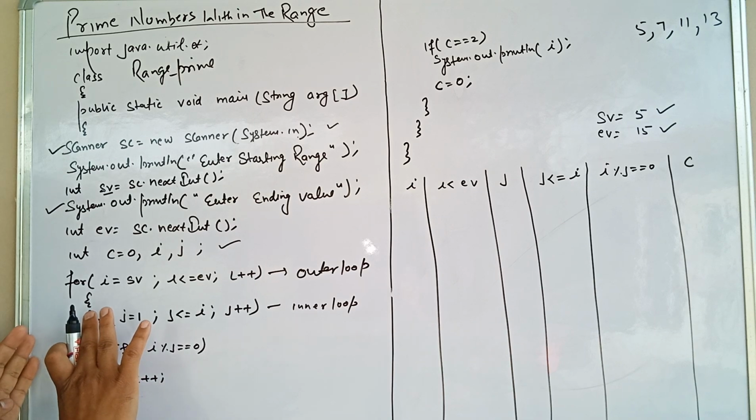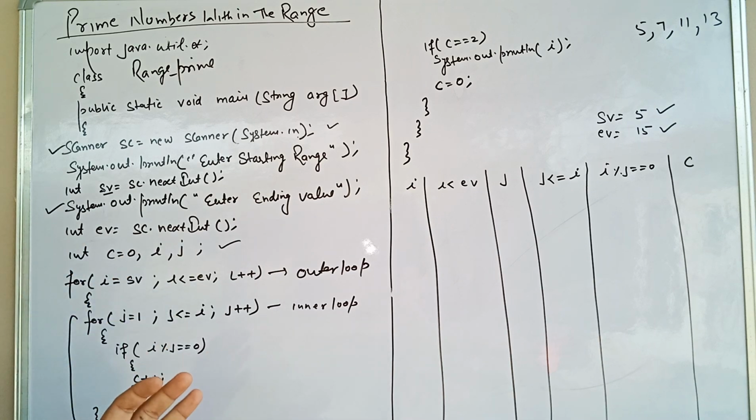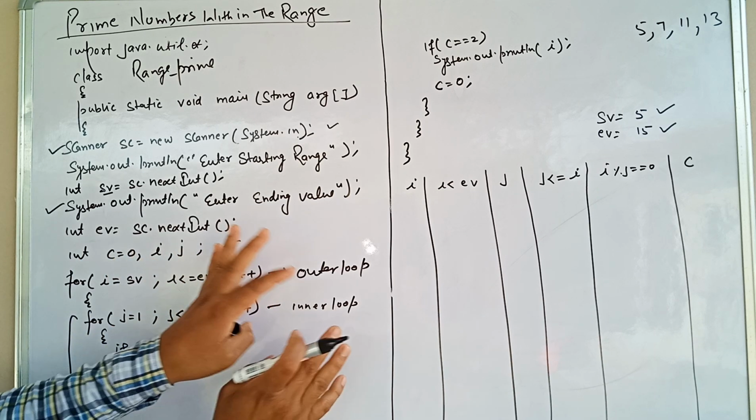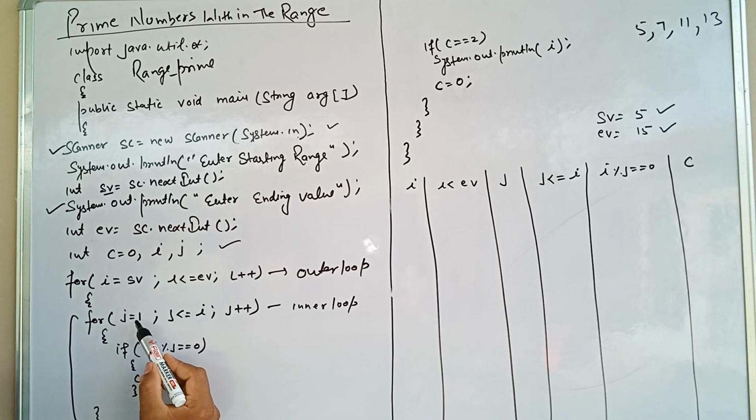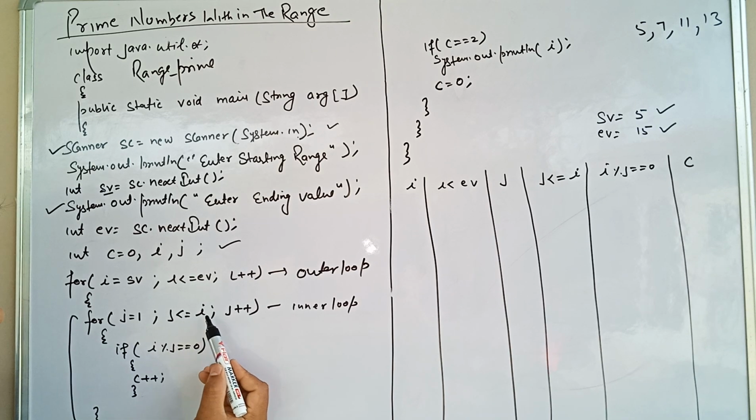That same code I have copied over here within one extra loop. So that whole code represents this inner loop. There I was using I, but here I am just using J. So J equal to 1, J less than equal to I and J plus plus.